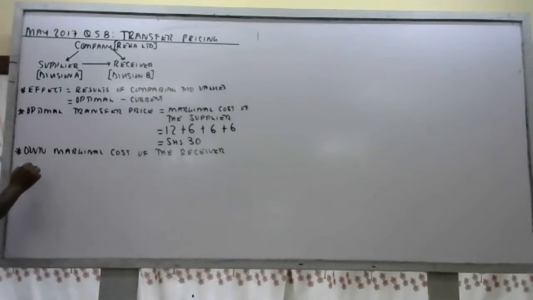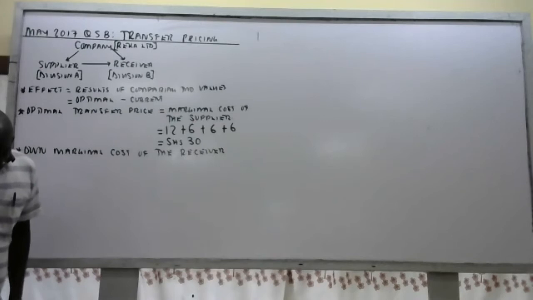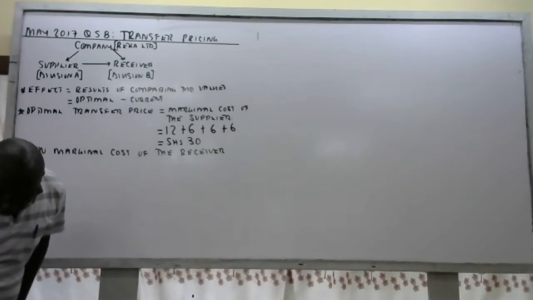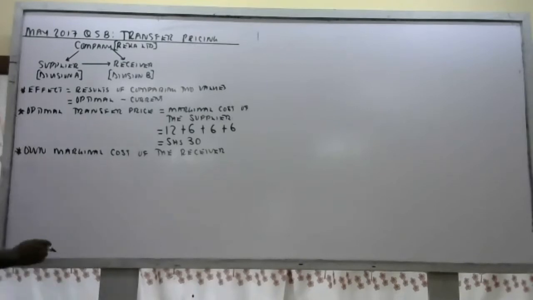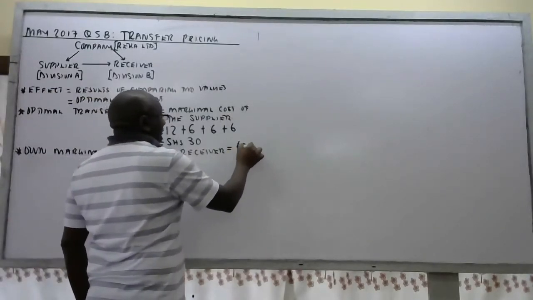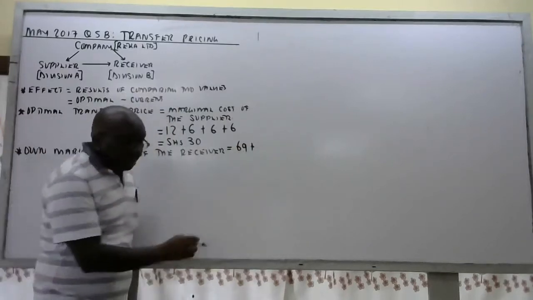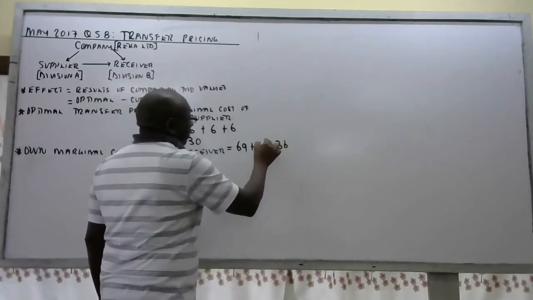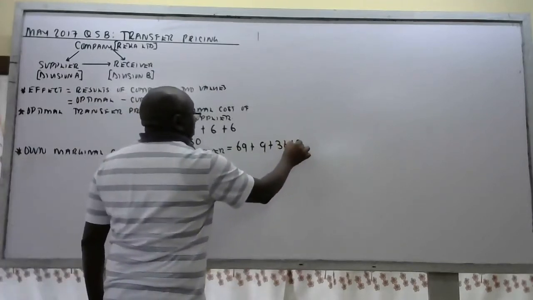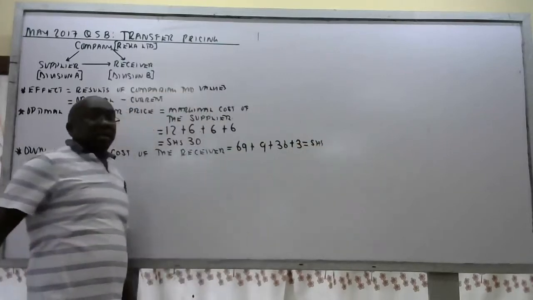If you look at information 3, you will recognize the added materials, which are 69 plus 9 plus 36 plus 3 plus 3.